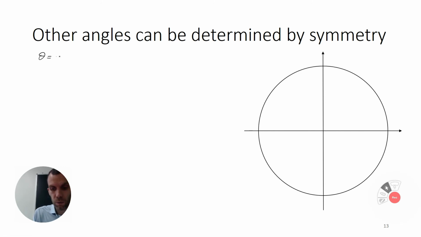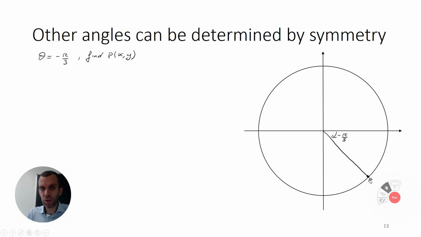Let's say we're given theta is minus pi over 3, and we want to find the point, and in particular its coordinates, x and y. So if I draw that, then this could be my angle minus pi over 3, and this is my point P.